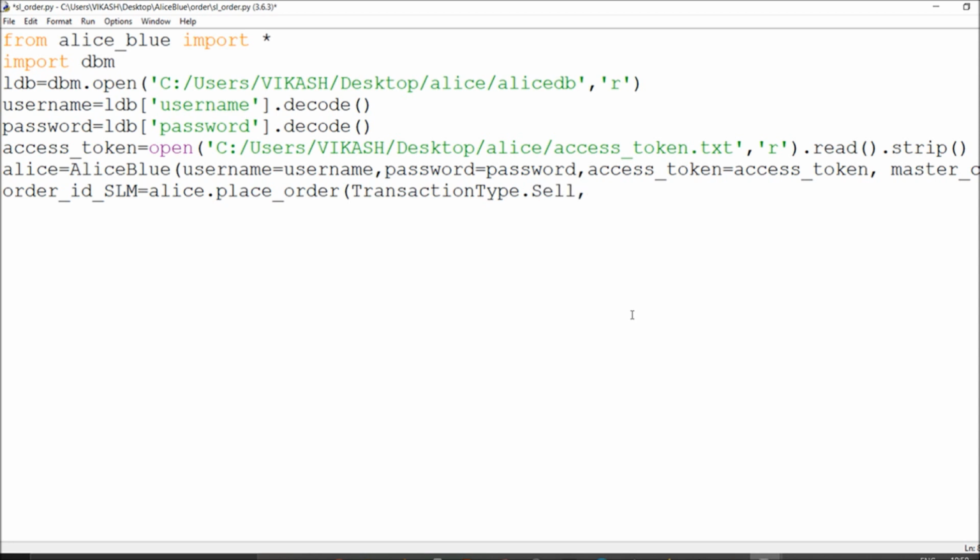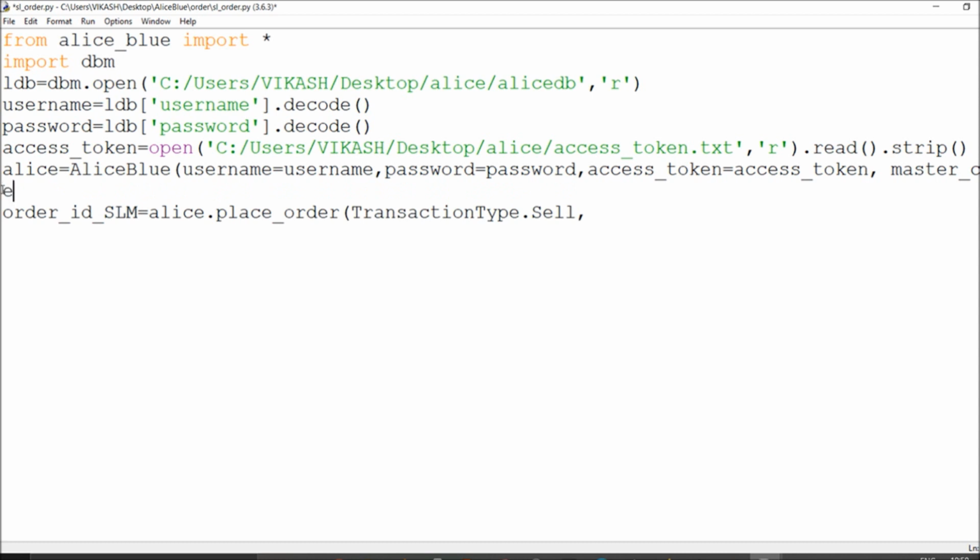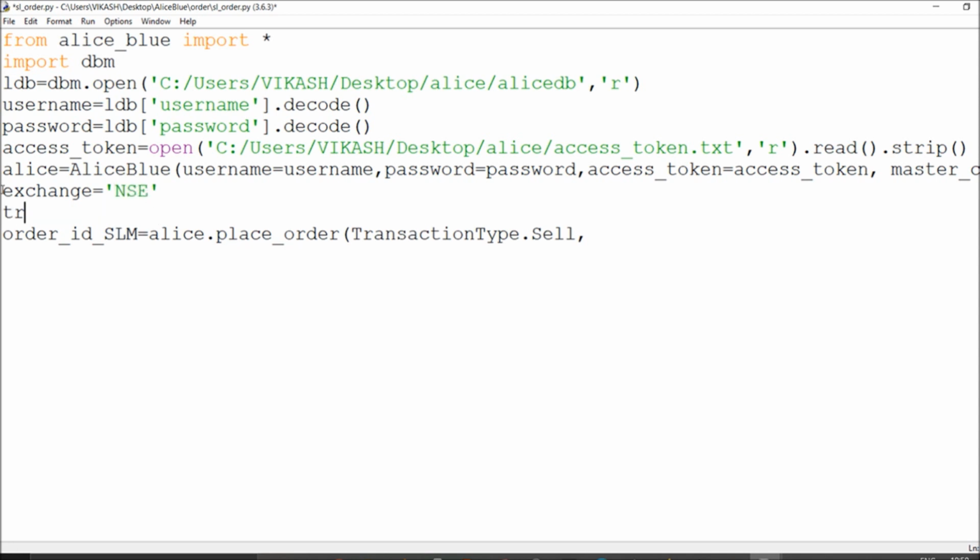Next you have to give which exchange and trading symbol you want. For exchange and trading symbol we can take a static or dynamic value. I'll give whichever trading symbol I want, so it will be Tata Motors.